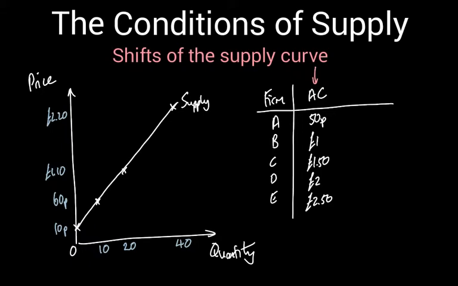So we're going to relabel the average cost that we have here as average cost 1, and then we're going to add on average cost 2. And average cost 2 is going to be after there is an increase in the level of cost. So let's say that the costs for coffee shops in general have risen.